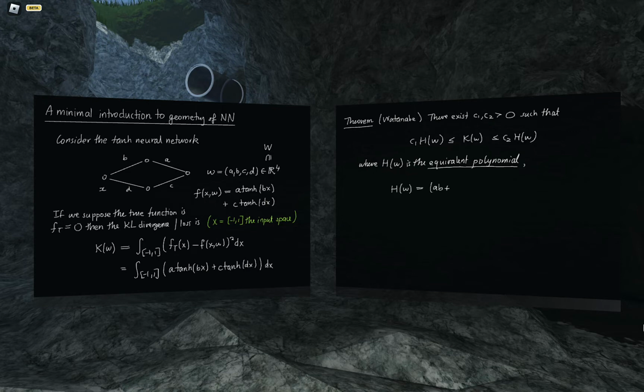And it is (AB + CD) squared plus (AB cubed + CD cubed) squared. I'm going to call this F1 and this F2.